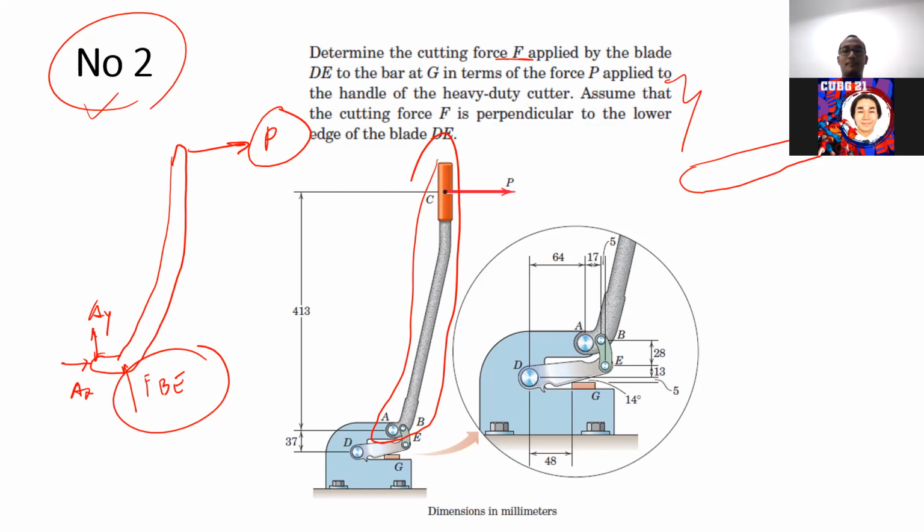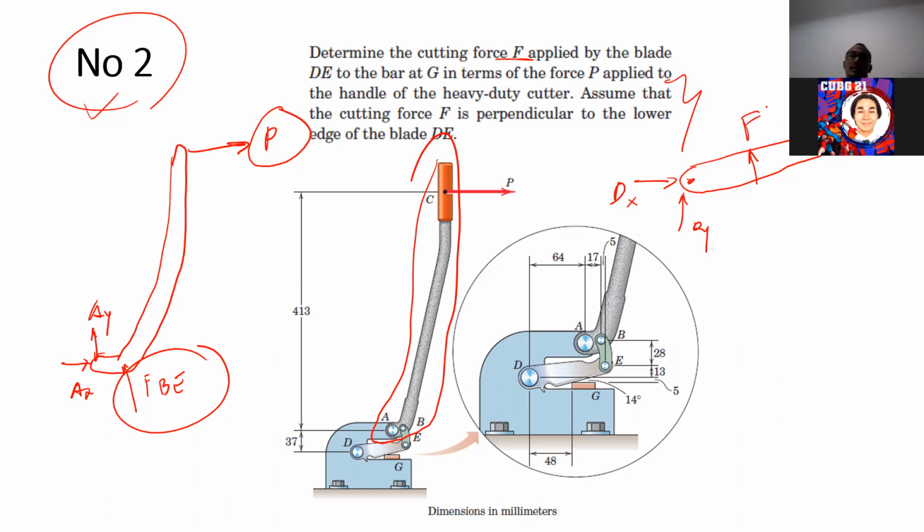Beside that, at point D, there is a pin joint, DX and DY. And at the lower edge, there is a contact force between the plate and the thing that we cut there. It's supposed to be perpendicular to the lower edge, so I name it as cutting force F, like that.